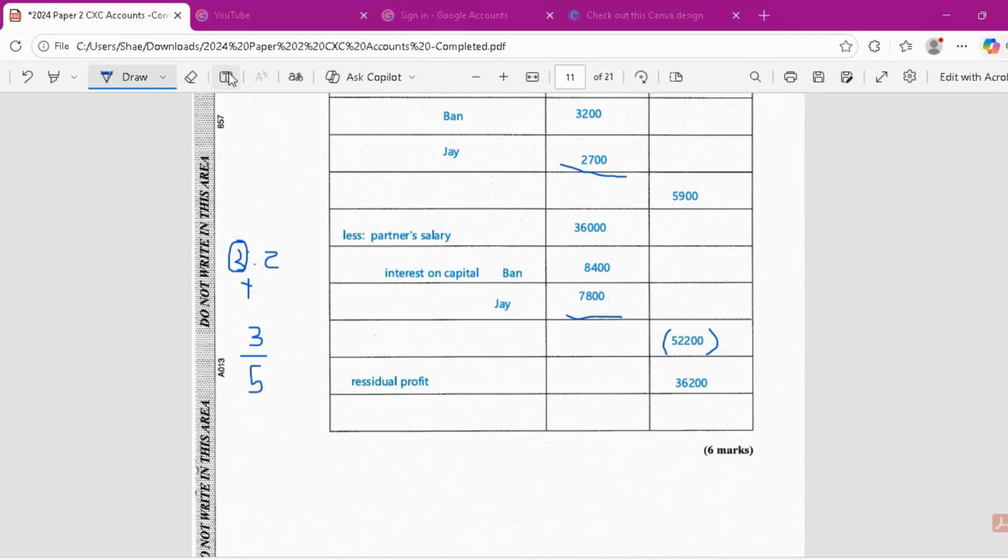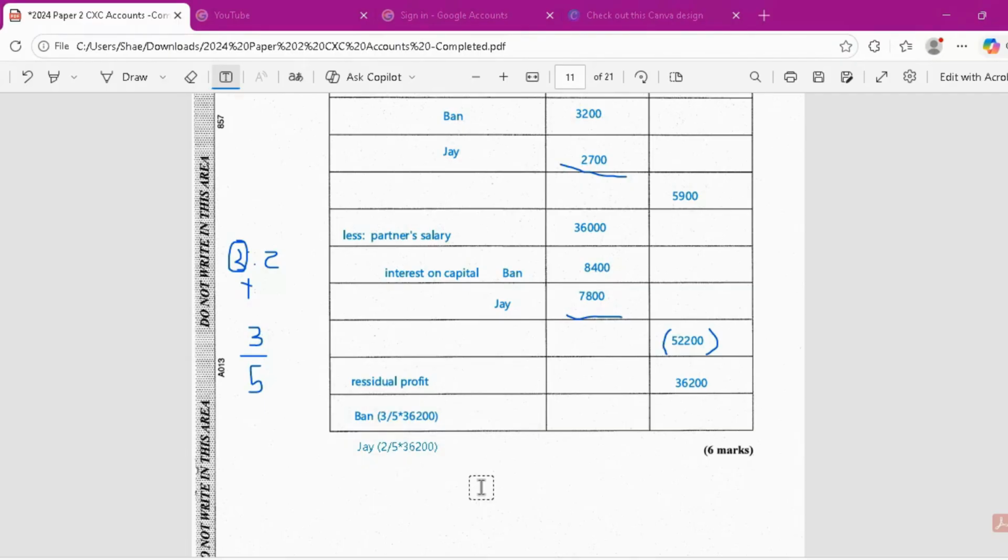So for Ban, I'm going to put it here. Ban should get 3 over 5 multiplied by 36,200, while J should get 2 over 5 multiplied by 36,200.